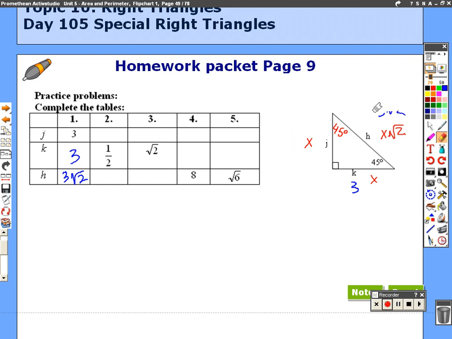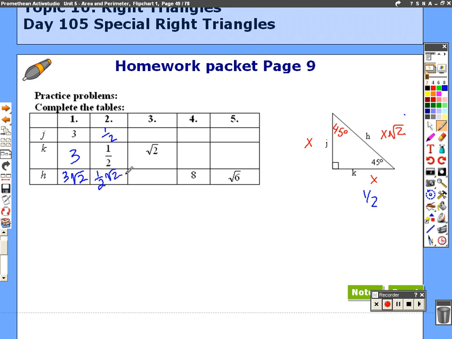They have told us that K is 1/2. So this side right here is 1/2. That makes J the same exact value, so 1/2. And that makes H that value, 1/2 times root 2, so that's like 1/2 root 2.